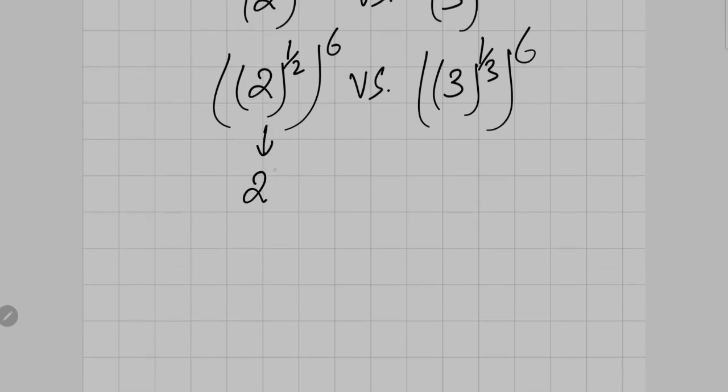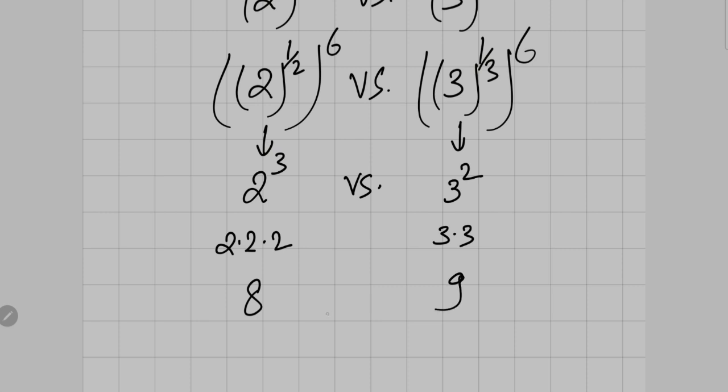This expression becomes 2 to the power 3, and this one becomes 3 to the power 2. 2 to the power 3 is 2 times 2 times 2, because the exponent is repeated multiplication of the same number, and similarly 3 to the power 2 is 3 times 3. So 8 and 9. Here 9 is bigger than 8, because 9 is a successor of 8.